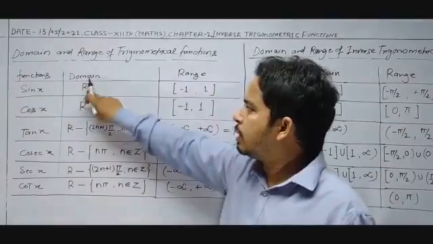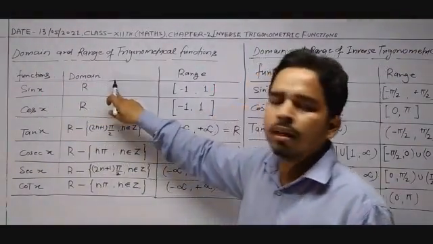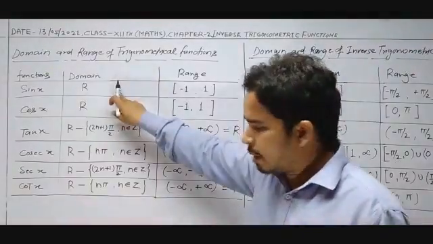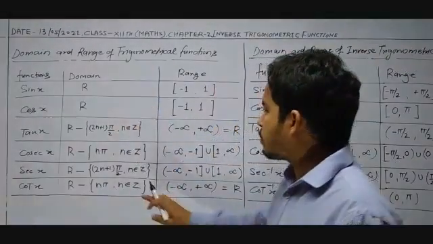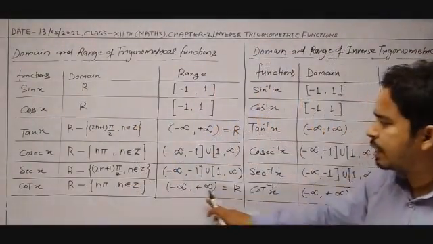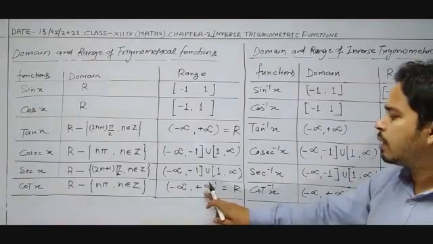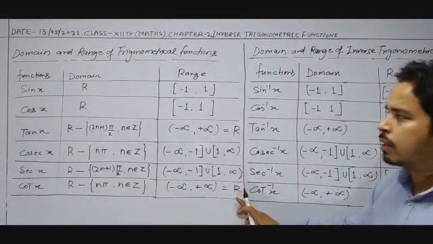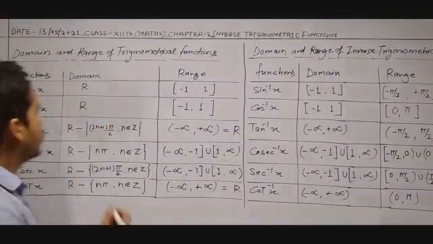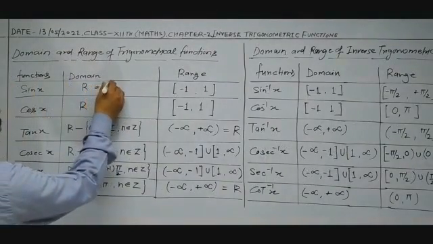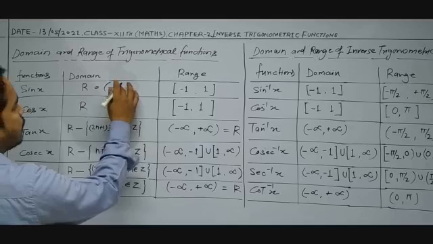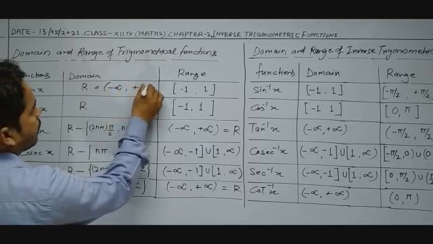And the domain of sin x is the real numbers, and the real numbers can also be written as from minus infinity to plus infinity. Minus infinity to plus infinity is the symbolic representation of real numbers. So this can also be written as R is equal to minus infinity to plus infinity.